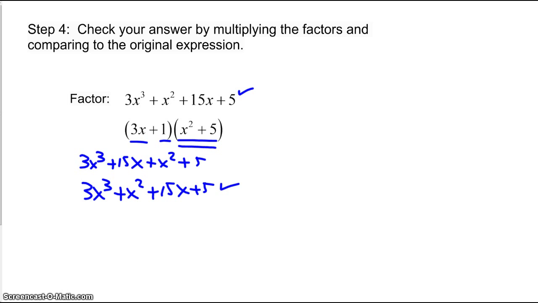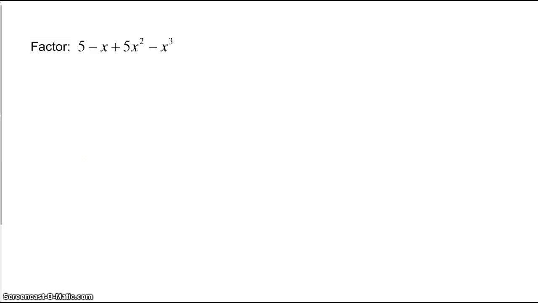Okay, a couple more quick examples here. Try to pause the video and see if you can do this by grouping. It doesn't really matter what order we're in. I can go ahead and factor. Let me just start by grouping the left group separate from the right group. Then we're going to factor out what we can in common. Let's see, on the left side, what do I have?